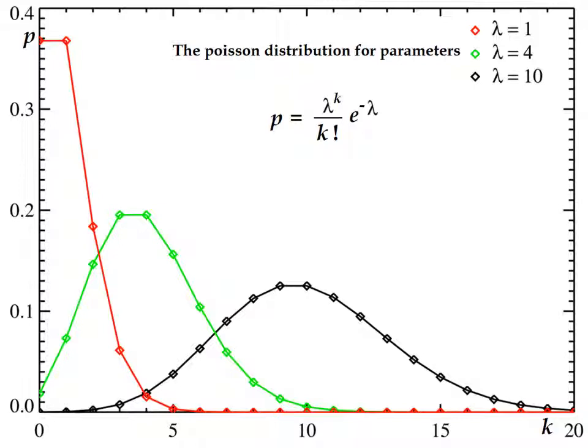Even though lambda itself doesn't have to be a positive integer, k itself is. This is a discrete probability density function. But anyways, as lambda gets larger, for example, lambda equals 4, gives us something that begins to take a familiar shape, and as lambda gets even bigger, equaling 10, this begins to look more and more like a familiar bell curve.